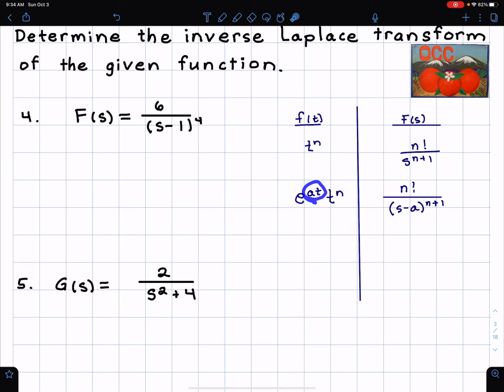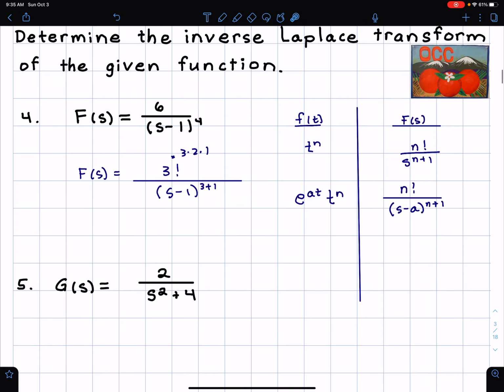It's e to the at, and then we have s minus a. So under this problem, I see that this is s minus 1 to the 3 plus 1 power, clearly 3 plus 1, and then I look at 3 factorial. 3 factorial is 3 times 2 times 1, which conveniently is sitting right here, which is 6.